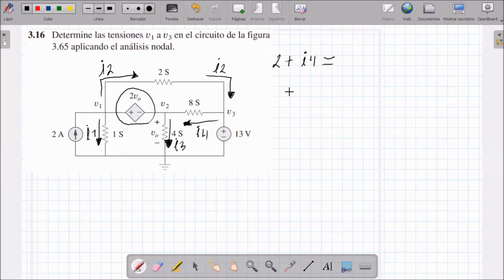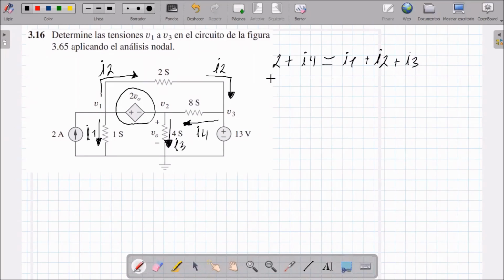That will be equal to the currents that come out. The first current that I see coming out of this whole point is the current I1, then the current I2, and the other current that comes out is current I3. So we already have the first analysis of currents.